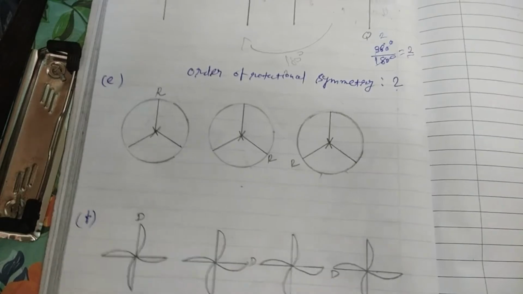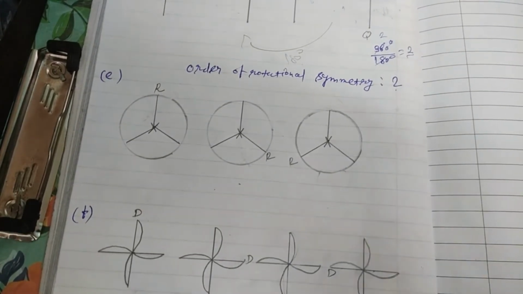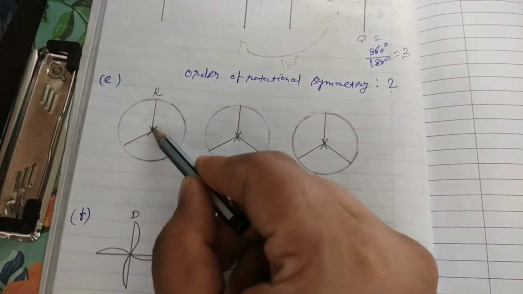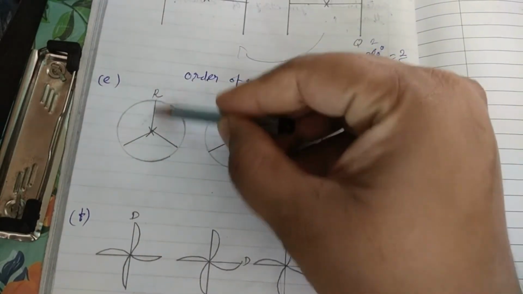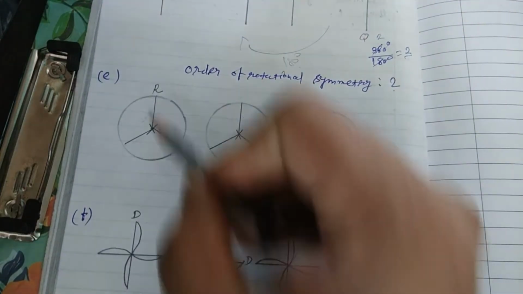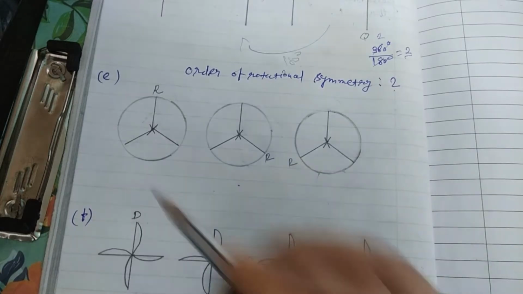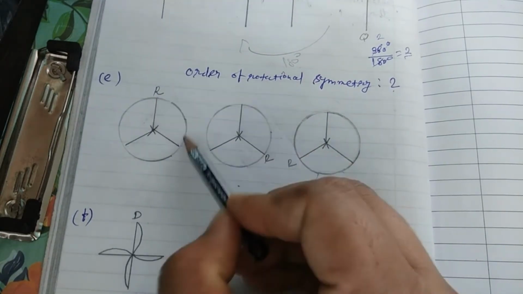Next, E. Here a circle is given, it has 3 line segments, that means 3 radius line segments, 1, 2 and 3. Now we have to rotate. Because of these line segments we can identify 3 points on the circle, 1, 2 and 3.